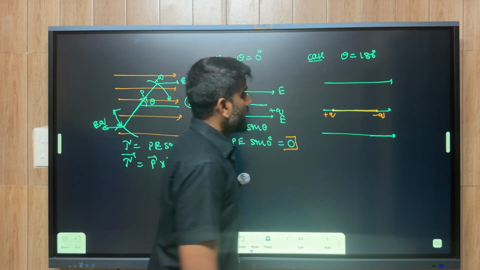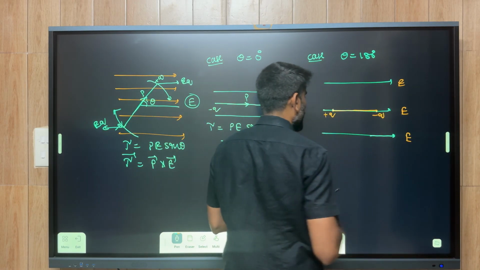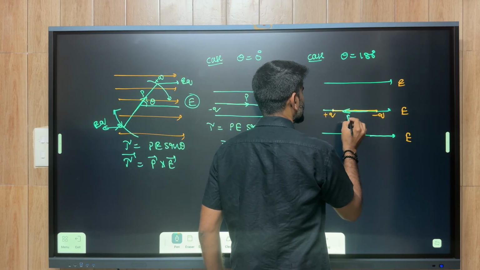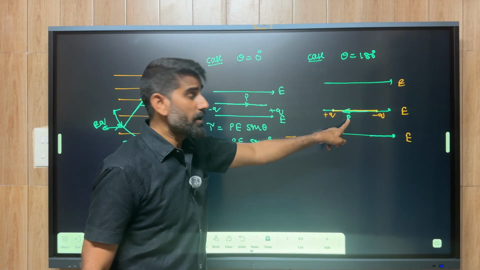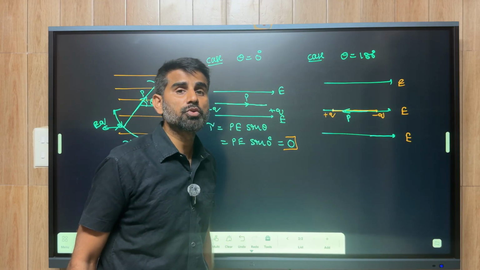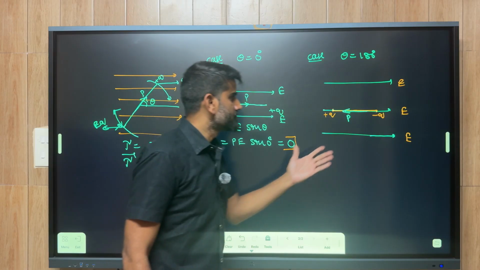This time the electric field direction is this one, whereas the dipole direction is this one. In this case, electric field and dipole moment are pointed in opposite directions. That means the angle between the two is 180 degrees.